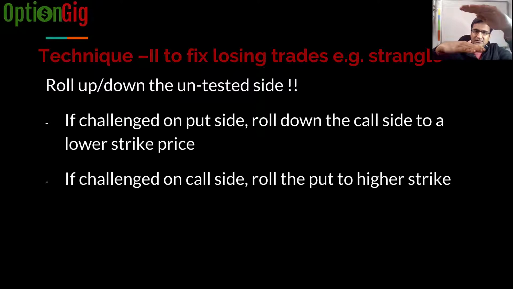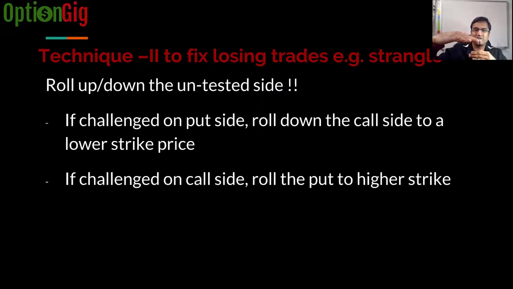This is a strangle. Now, if your stock moves down and starts to challenge the put, remember your put is here, in that case you should roll down the call. The call was here; you should roll the call down over here. This is how you manage this trade. Going back, this is the stock, this is your put, this is the call.